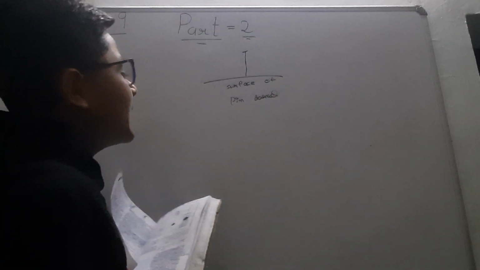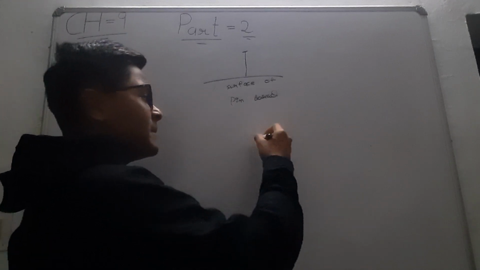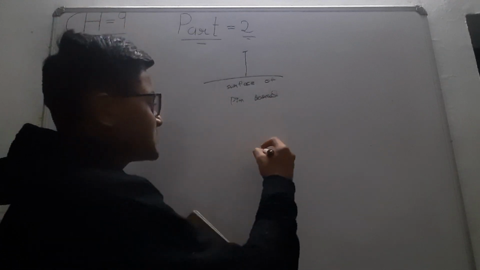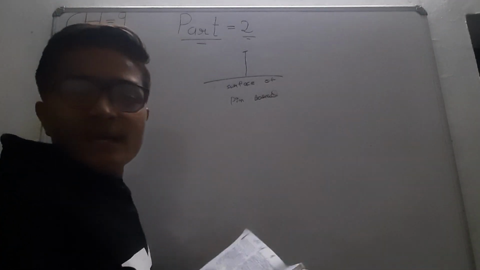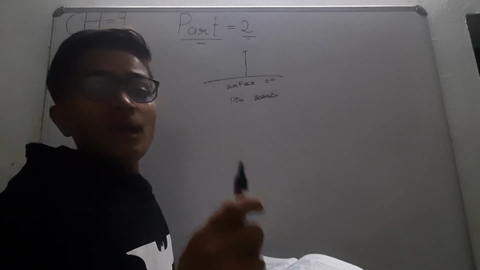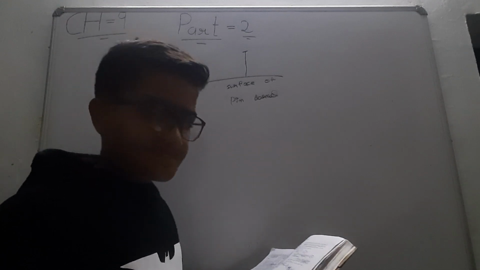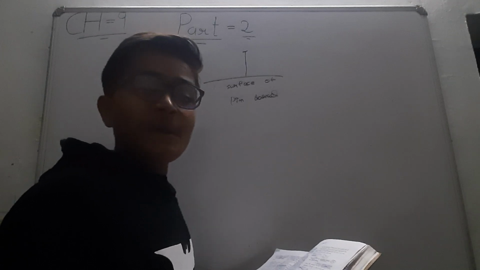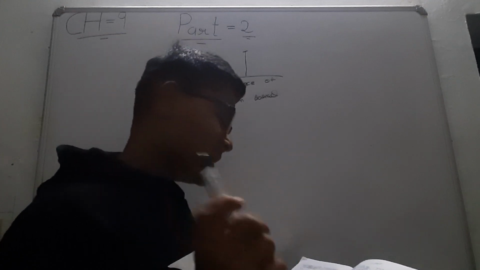When we push the pin, the perpendicular force, perpendicular meaning a straight force, applied on the board is known as thrust. What is the definition of thrust? A perpendicular force that is applied by an object on the surface of another body is known as thrust.